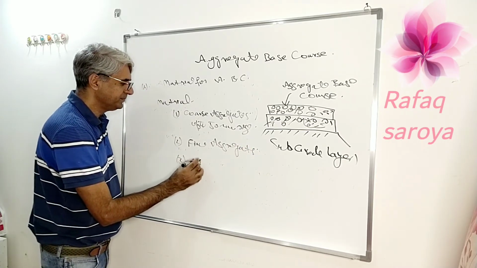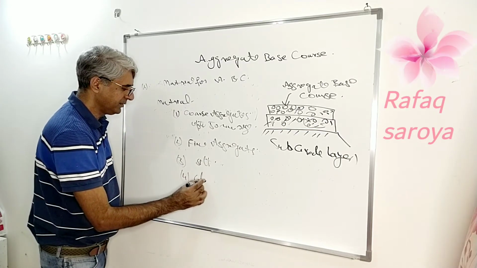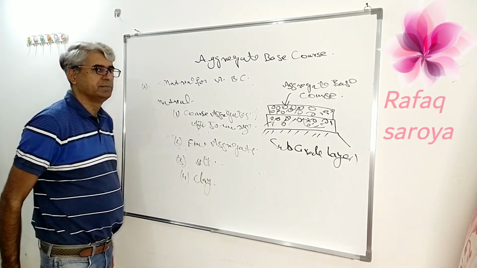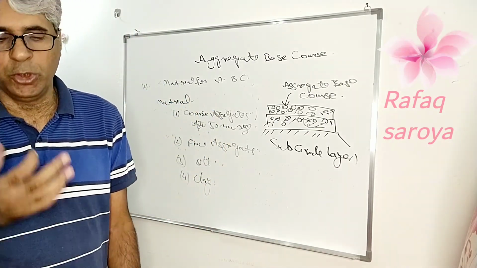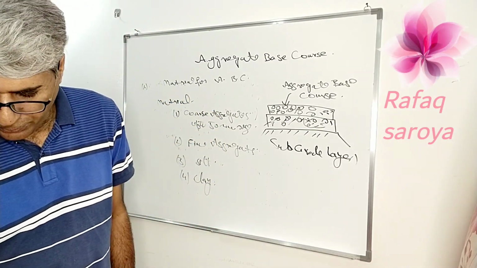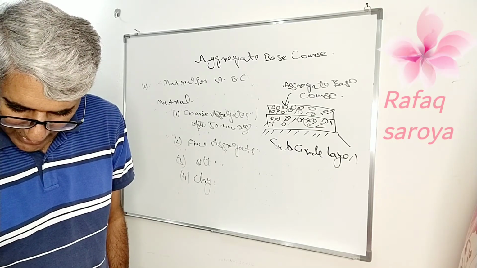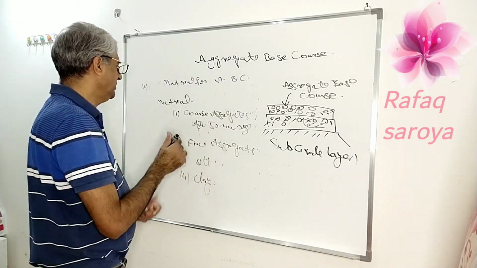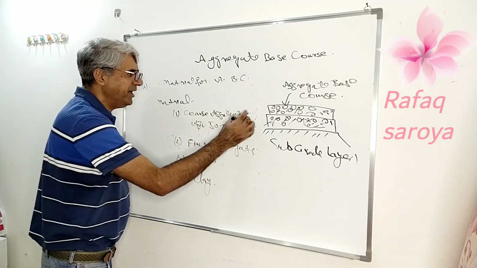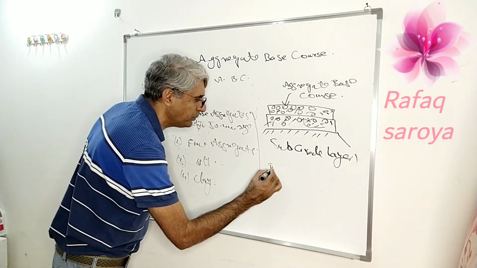Number three, silt. Fourth one, clay. As far as this clay is concerned, I will explain it to you later. These four types of material, when mixed up with each other, form a proper blend.